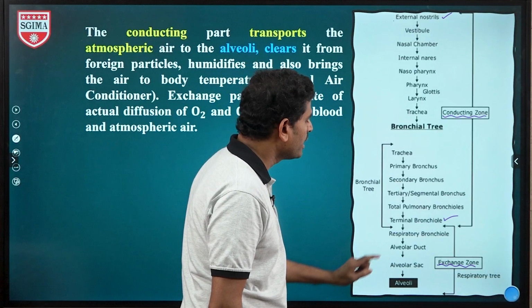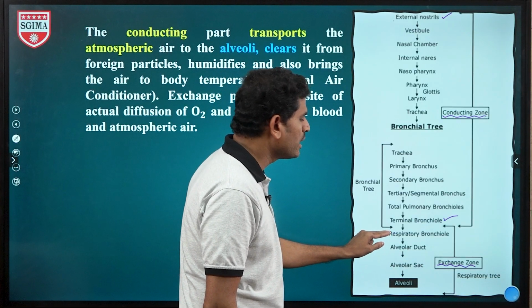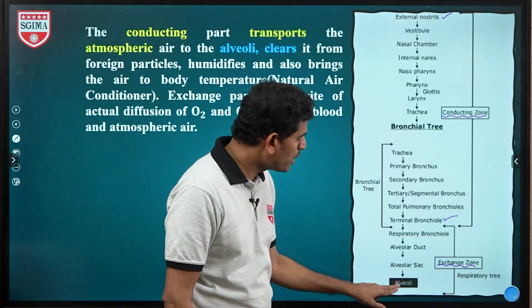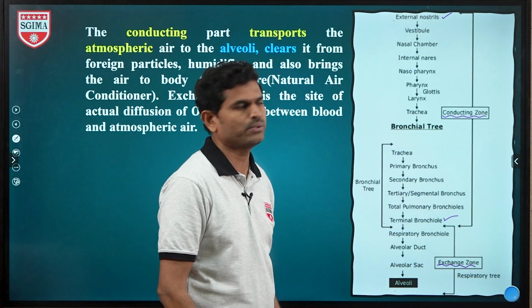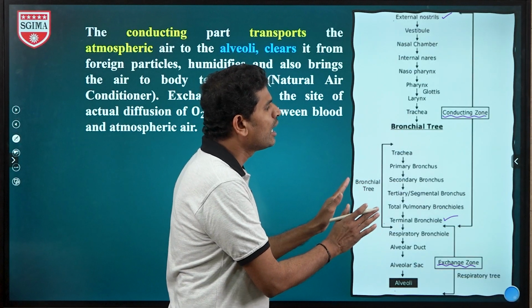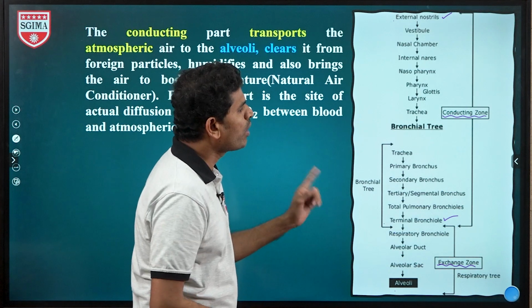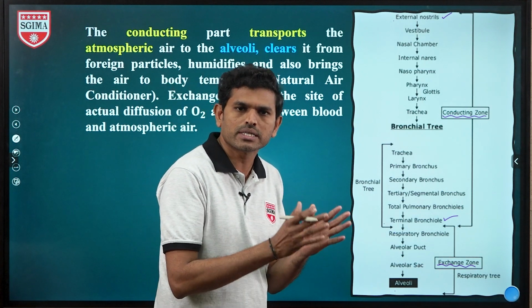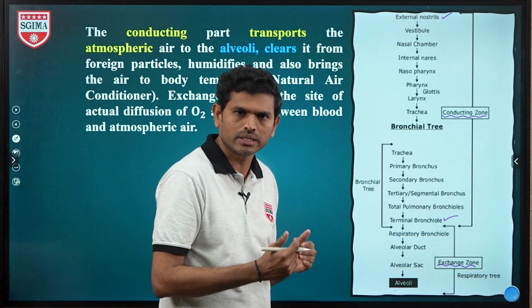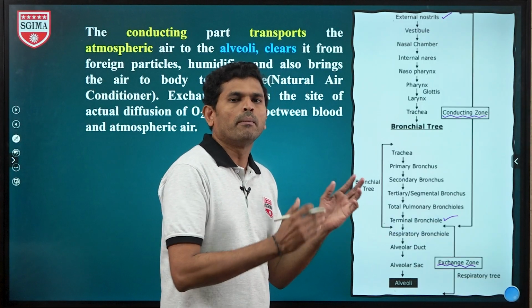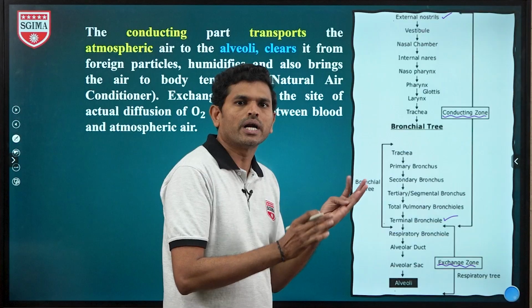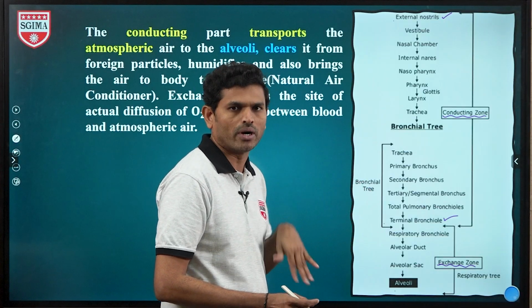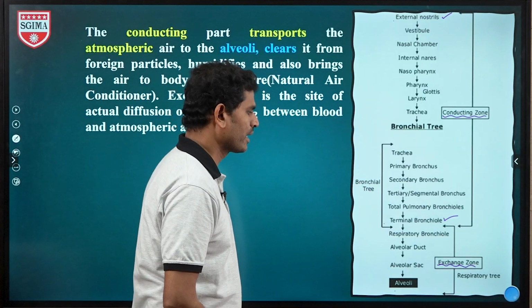And the exchanging part contains the respiratory bronchioles to the alveoli. So these are the two parts in our respiratory system. What the conducting zone does is clear the air which has entered and modify the temperature and humidity suitable to our body. That is the function of the conducting zone.